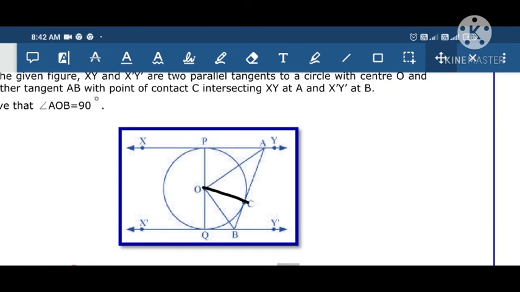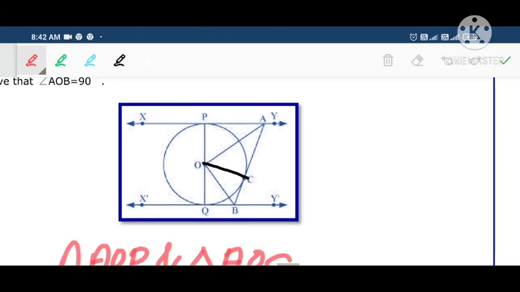Now how is it possible? You need to take angle POA, angle AOC, then angle COB, and finally angle BOQ.